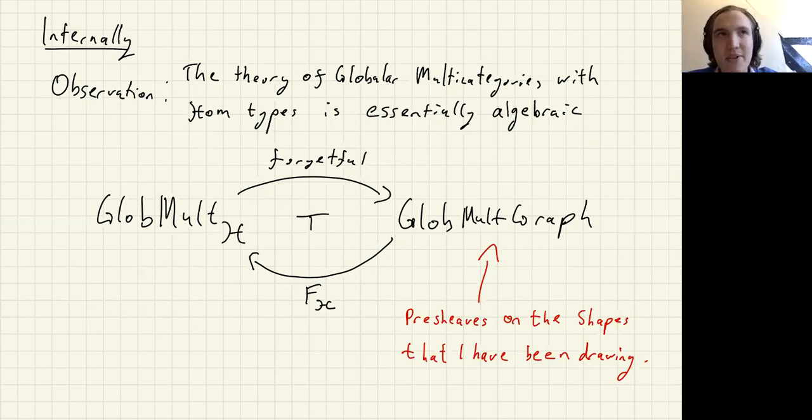So there's a category of those shapes, and then we look at presheaves on those shapes. And every globular multicategory has an underlying globular multigraph, which is just the shapes that we use. And by abstract nonsense, there's going to be a free-forgetful adjunction between these two categories, globular multicategories with homomorphism types and globular multigraphs.